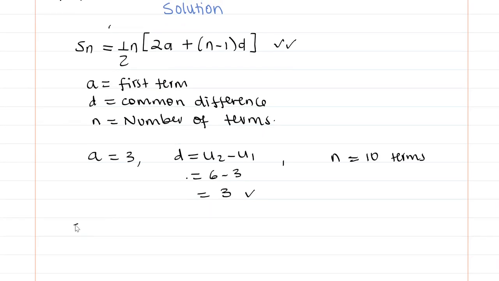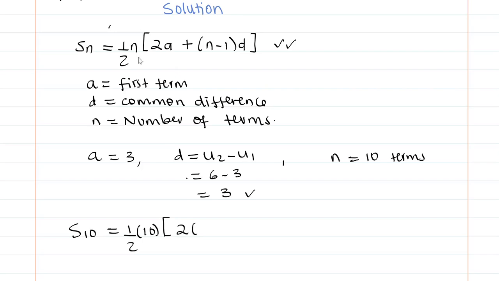Therefore, our sum of 10 terms equals a half n. What is n? n is 10. Put n here, into open a square bracket, 2 times a.